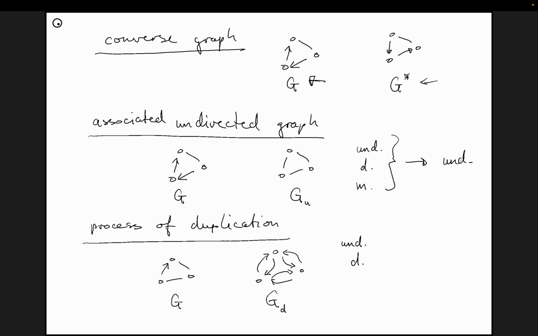Or we can have undirected, directed, or mixed graphs, and then for sure you produce a directed graph. Okay, so I just wanted to point that out. There you go. And here was an example of the process of duplication.